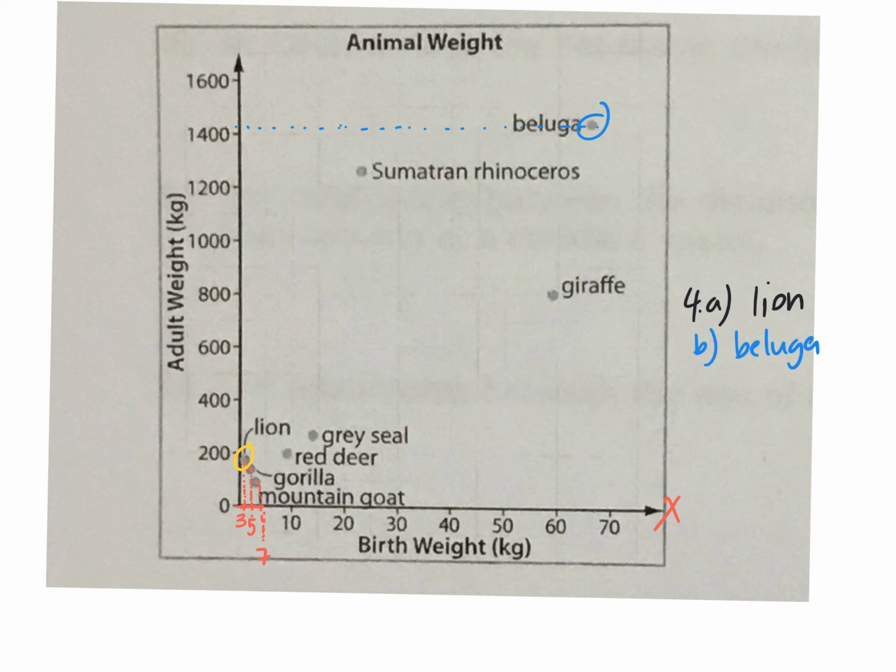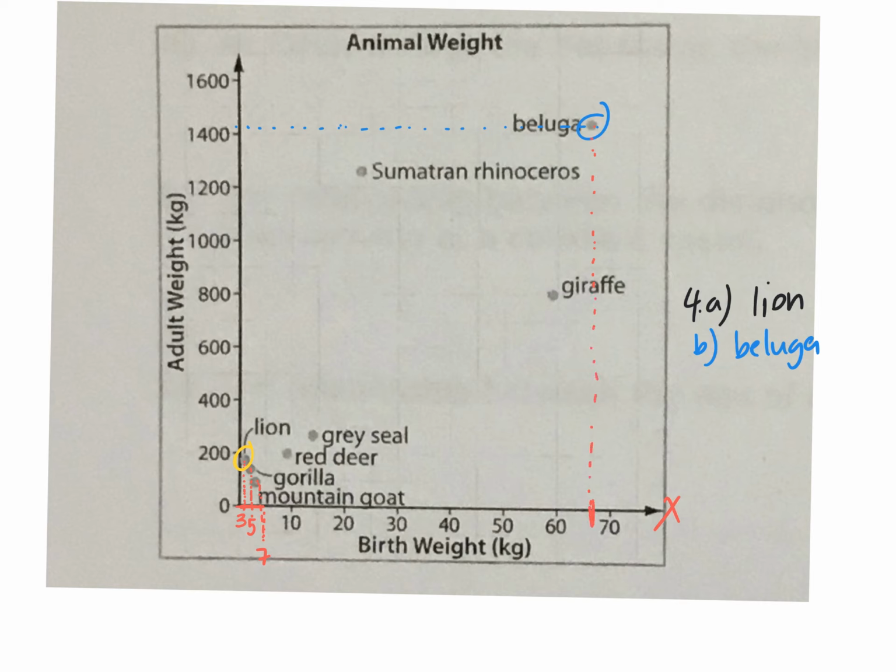Which animal is the heaviest when it's a baby? I said baby, not the heaviest as an adult. Let's see. How much does the beluga weigh when it's a baby?